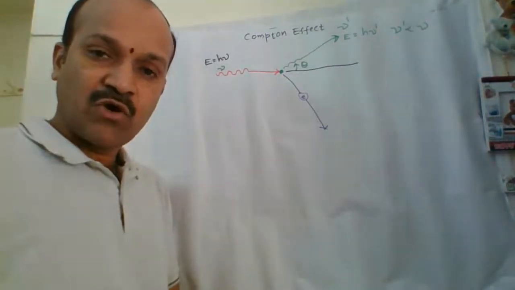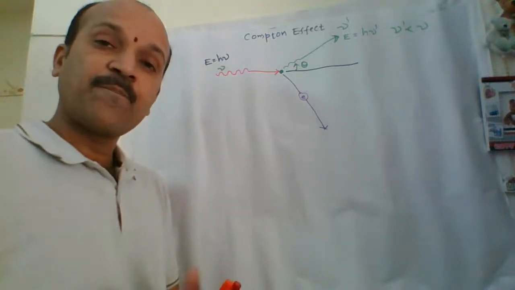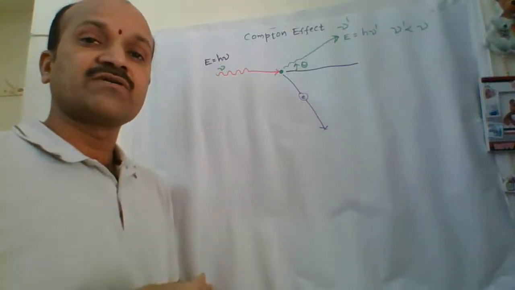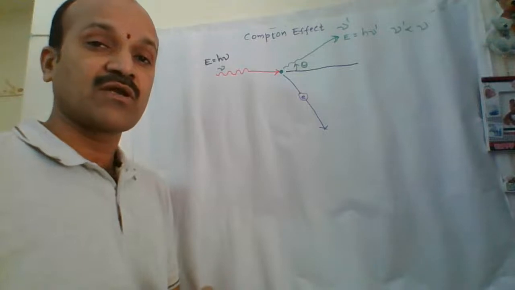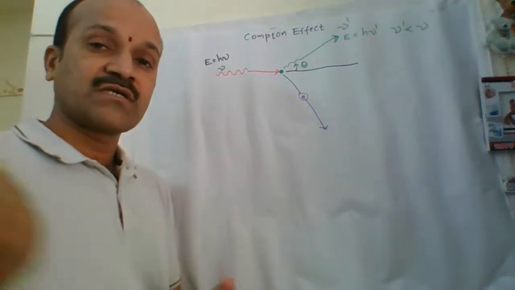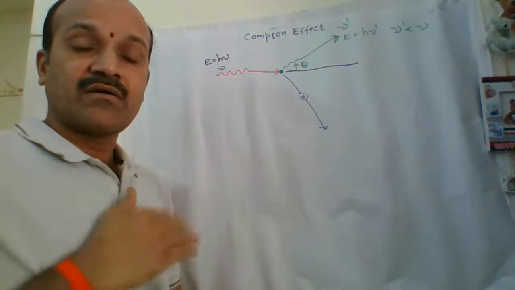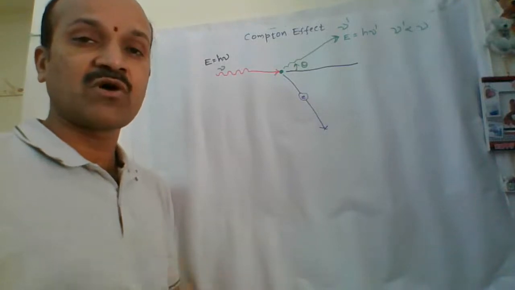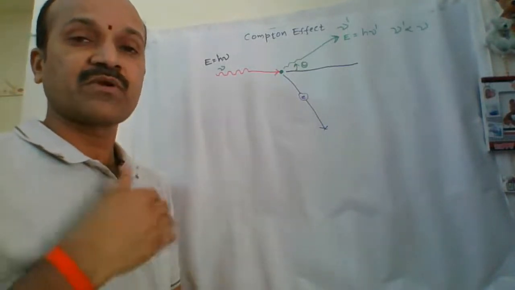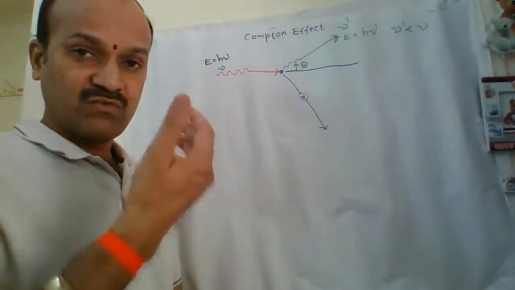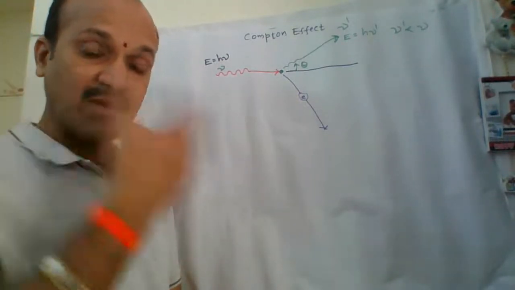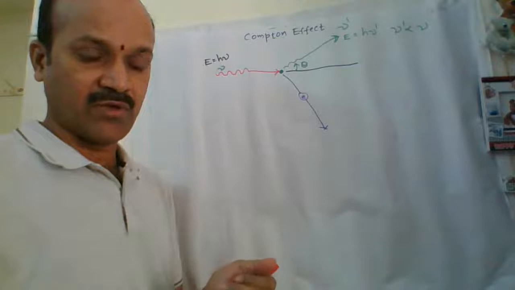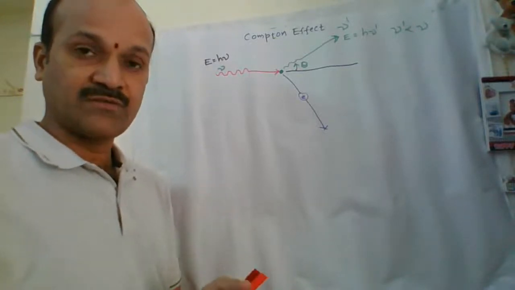A photon is made incident on an electron, and the collision is elastic. After collision, the photon loses some of its energy to the electron, so the electron recoils from the metal and the photon is scattered. The photon is not completely absorbed by the material; part of it is absorbed and the remaining part is scattered. This happens because it is an elastic collision.